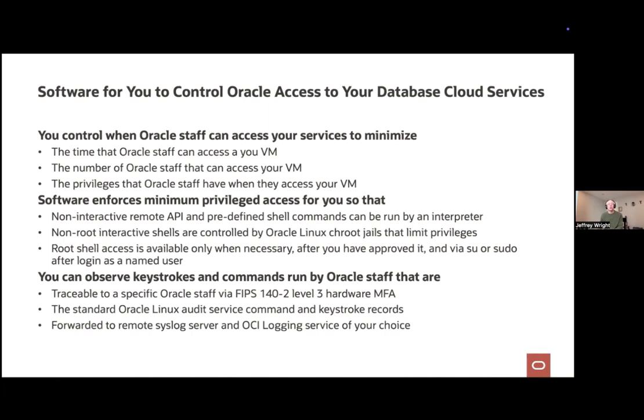We're just using the Oracle Linux Audit Service. And so when you use this system, you get the TTY records for the audit service, that's the keystrokes. And then all the commands that run are recorded by Oracle Linux and boiled up to you. So if somebody were to alias a command, like cat, to something that you didn't expect, you can see that in the Oracle Linux Audit Service.